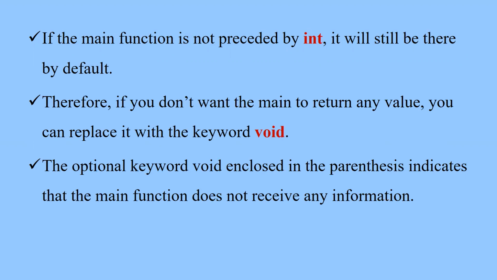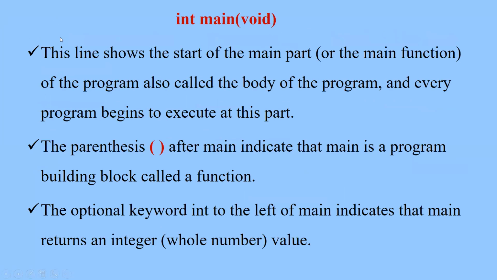The optional keyword void, enclosed in the parentheses, indicates that the main function does not receive any information. In other words, my dear students and the rest of the learners, the word void put in between these parentheses simply means that this function called main is not receiving any value from anywhere.